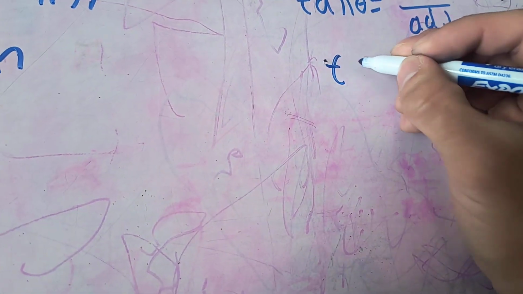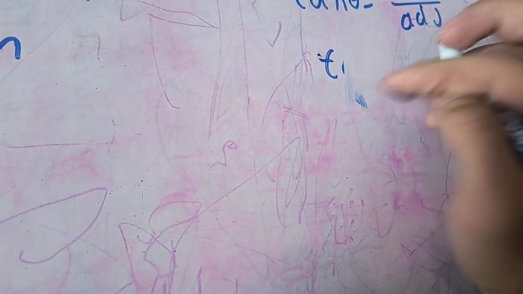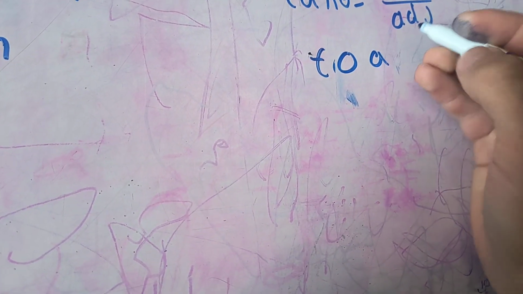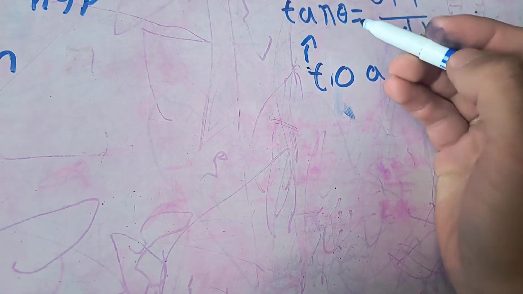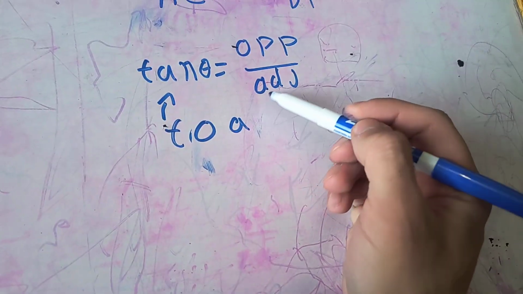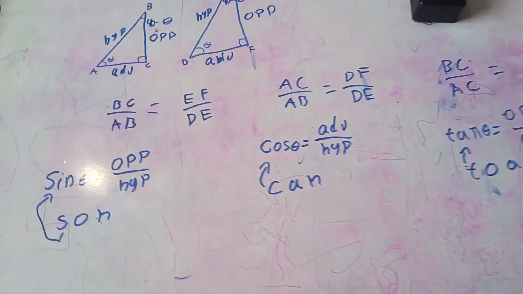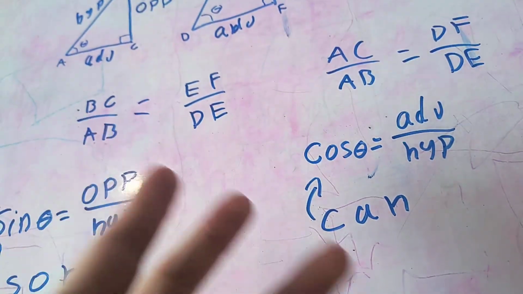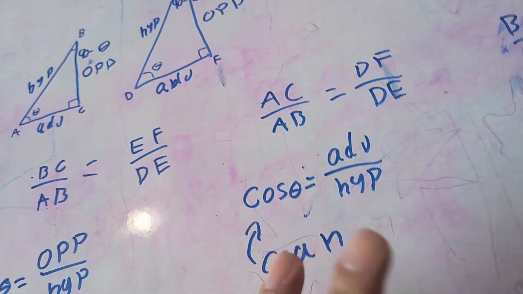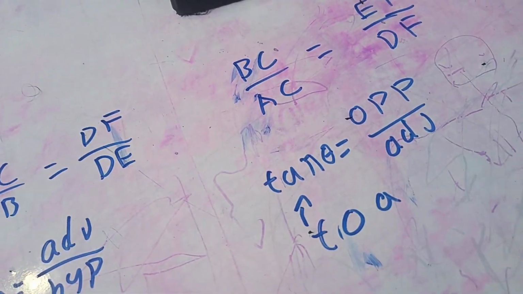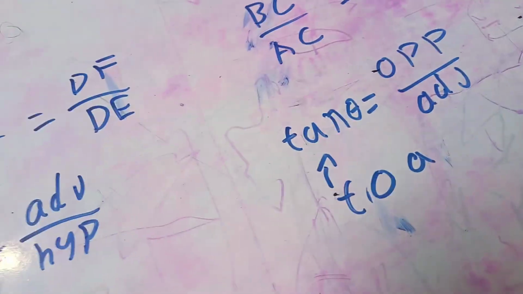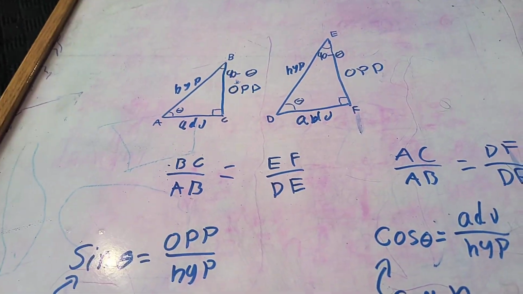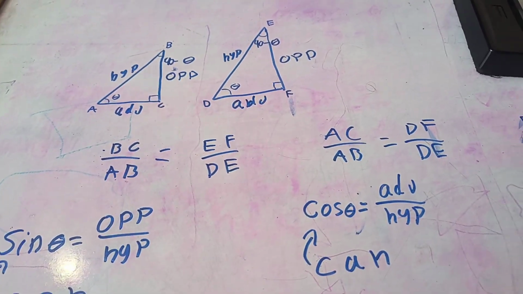TOA: T is tangent, O is opposite, and A is adjacent. So if you memorize SOHCAHTOA: sine is opposite over hypotenuse, cosine is adjacent over hypotenuse, and tangent is opposite over adjacent. We're going to talk about it again more in other videos.